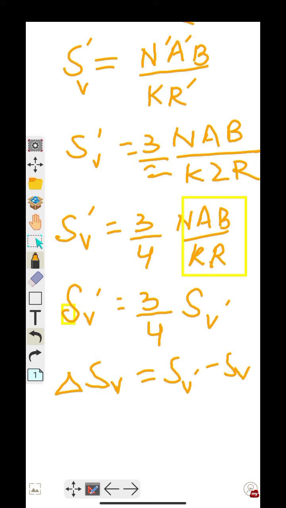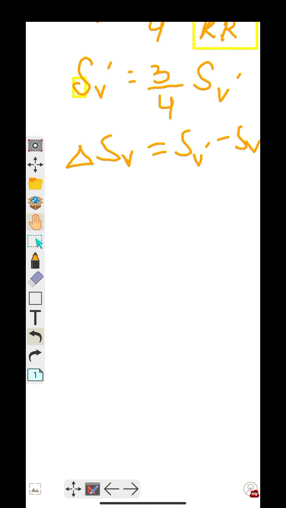Now it's not difficult to find out. I'll take it to the next page.